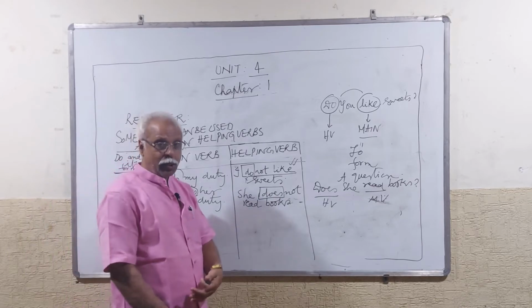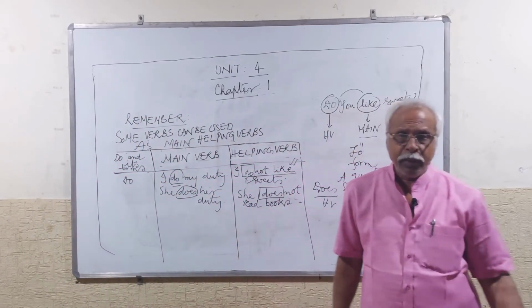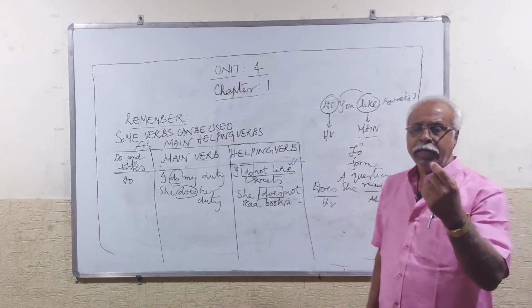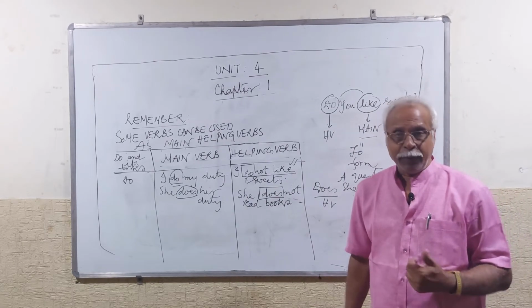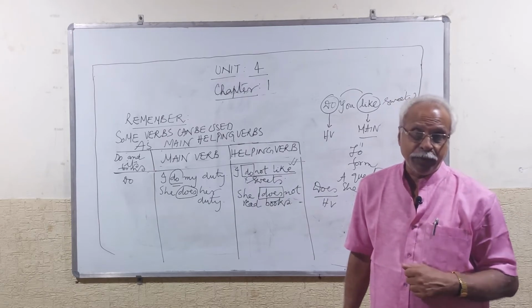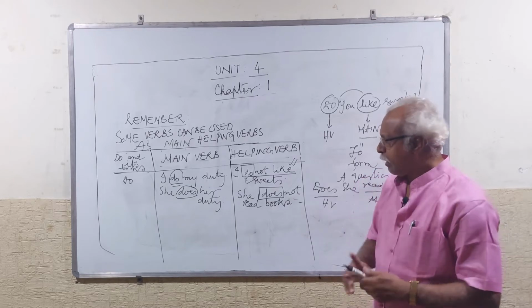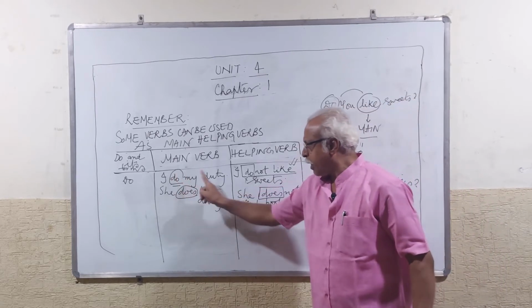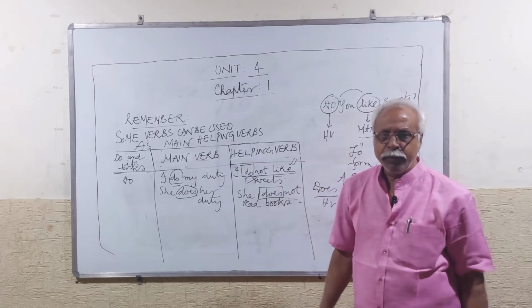Well, here you might ask me a question. Sir, how do I know whether do is a main verb or a helping verb? Any clue is there? Very simple. Look at this. I do my duty. In this entire sentence, what is the verb? Do only.